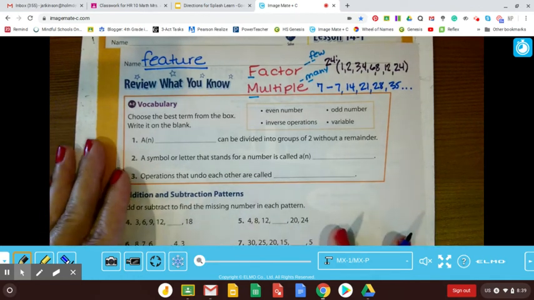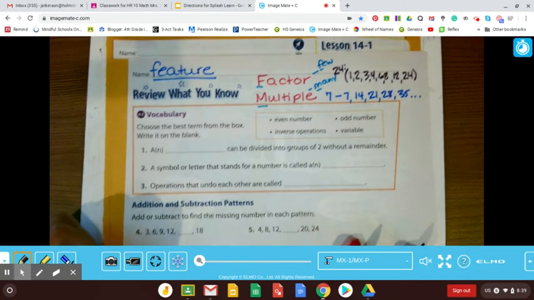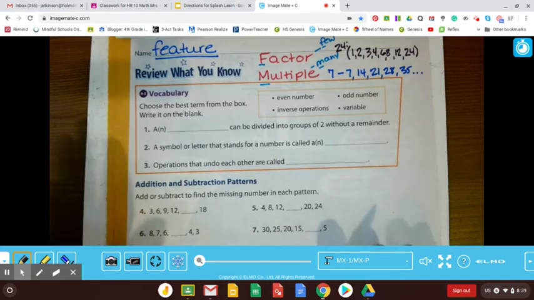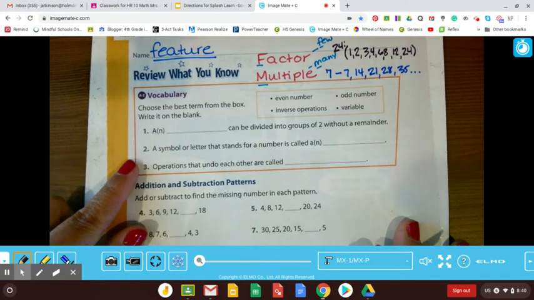So features are information about something that you're seeing, little details, little attributes. So we're going to be examining features of number patterns. Are they all odd? Are they even? Do they alternate between odd and even? Are they all multiples of 3? Those kinds of things.